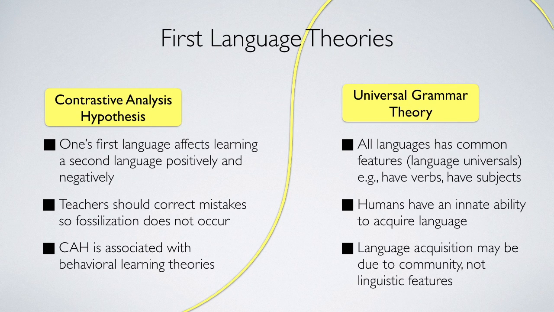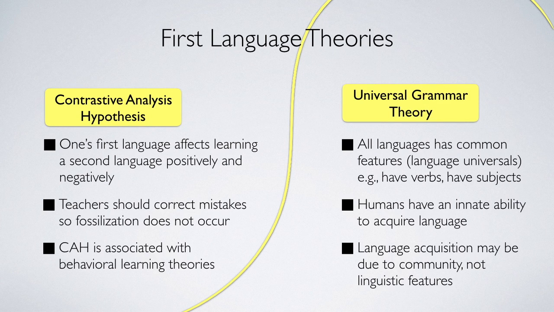One of these concepts, contrastive analysis hypothesis, suggests that one's first language can have a positive and negative effect on learning the second language. According to this way of thinking, when one's first language causes difficulty in learning the target language or interferes with learning, teachers should correct the mistakes. If they do not, the mistakes may automatically occur for students, which means the mistakes become fossilized.